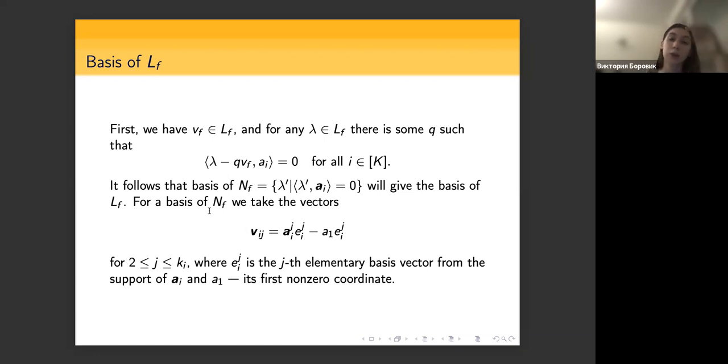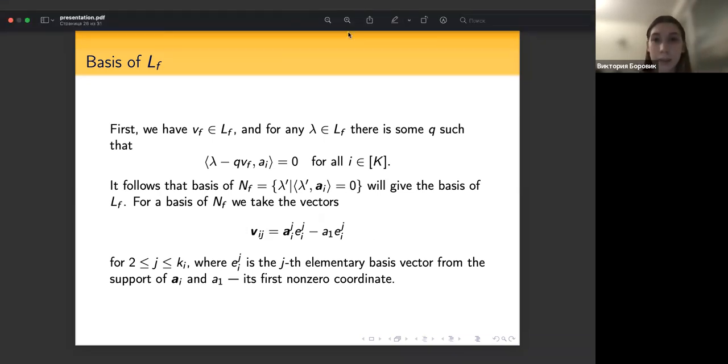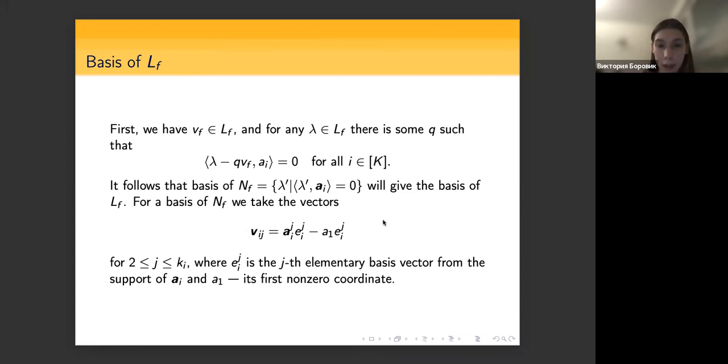And for a basis of this space, we will take such vectors. Can I draw something? I will explain. If we have some exponent vector, for example, zeros, a1, and there is some aj, we will take the vector v in this way: zeros, minus aj, and a1 in the place of j.